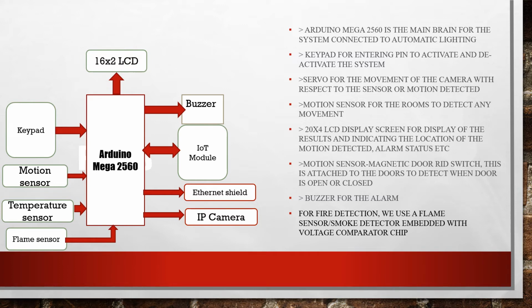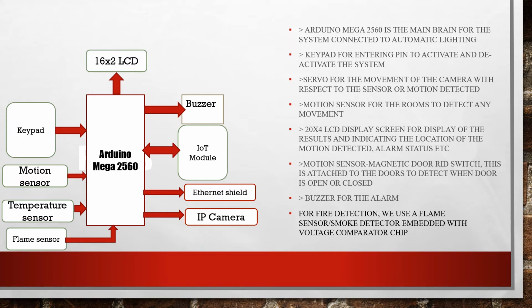We have an LCD screen. It can be 20 by 4 or 16 by 2 depending upon our application, and this LCD display will display the results based on the location or motion detected, alarm status, etc.